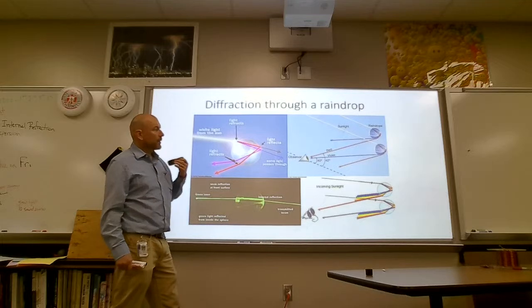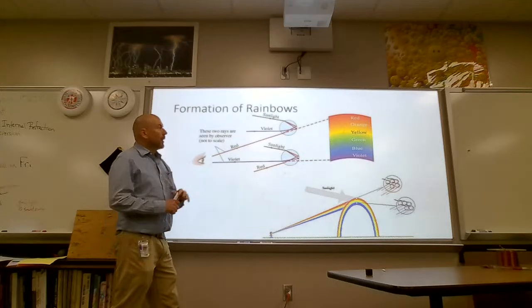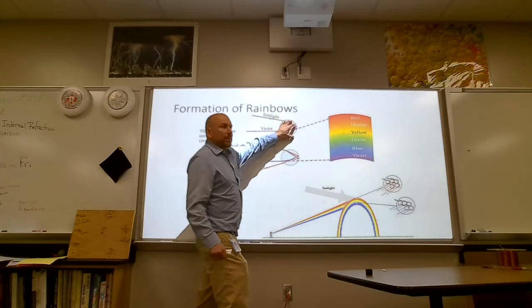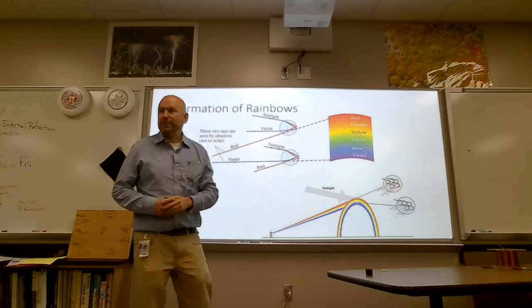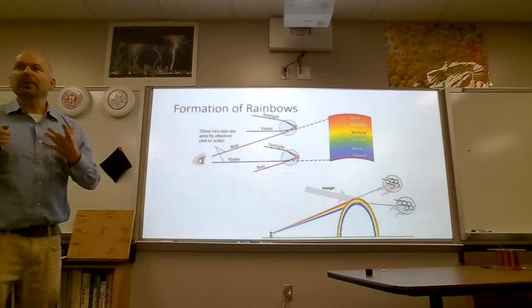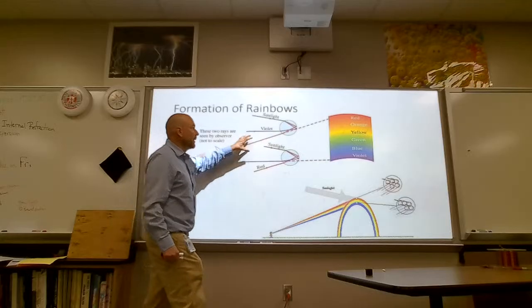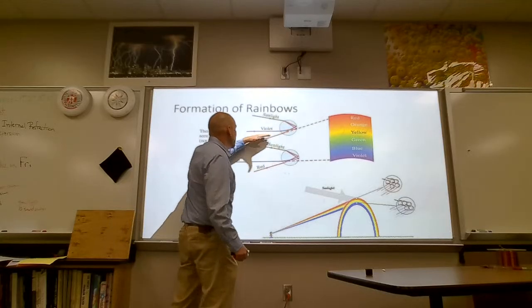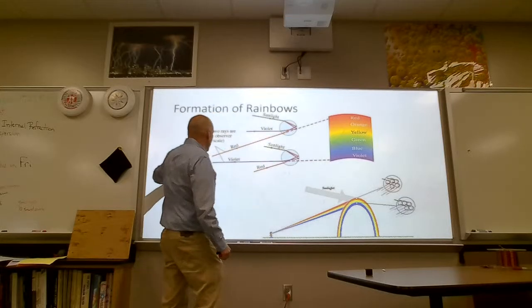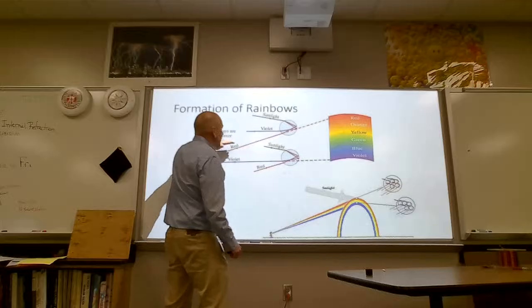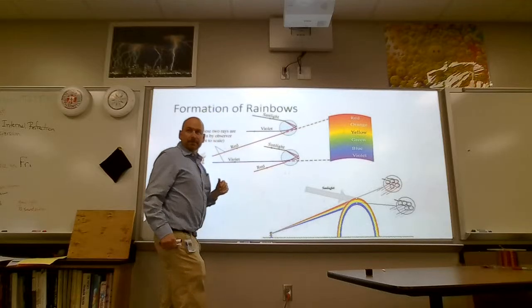Every water droplet spits out an entire color spectrum. But we only see the part that is shooting light into our eye. This raindrop is shooting the whole spectrum, but we only see red from this one. Purple is going over our head.